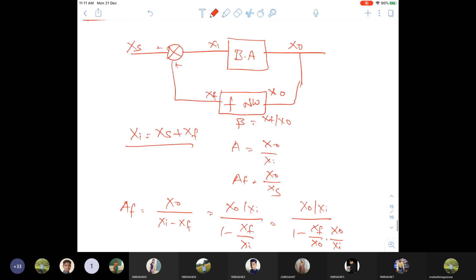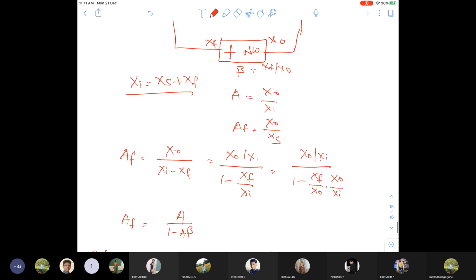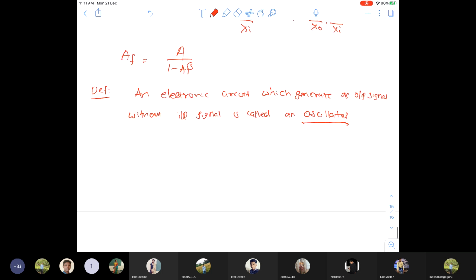Theoretically we talk about the xs signal, but xs is not there, so xs is 0 because for an oscillator there is no input signal. So xi becomes xf as xs equal to 0.